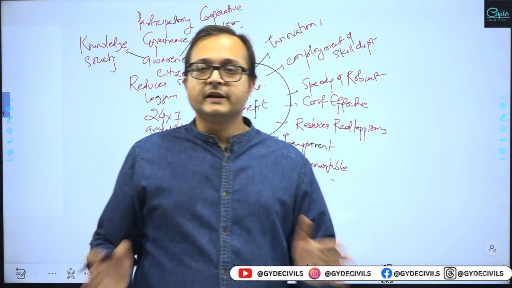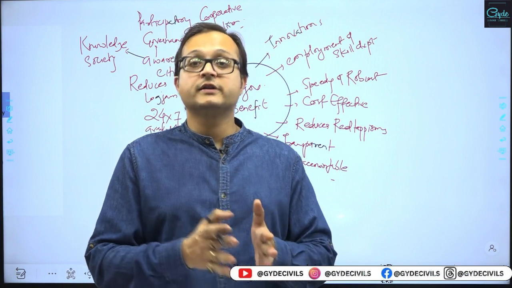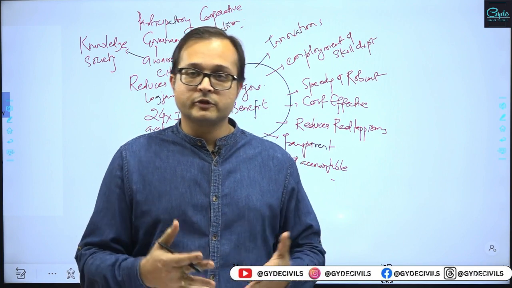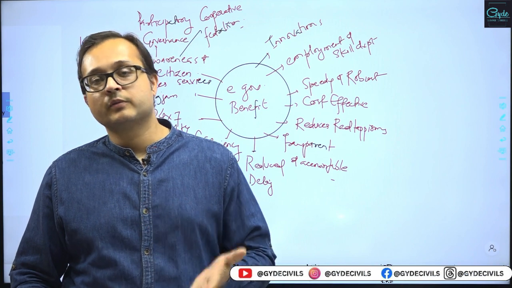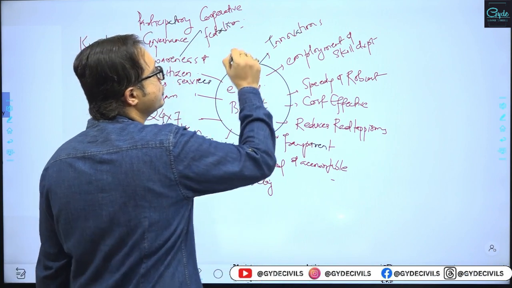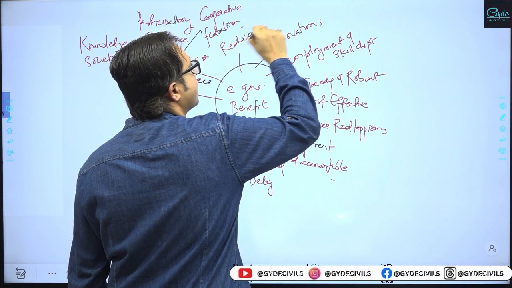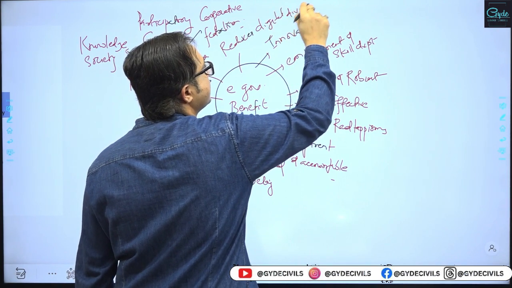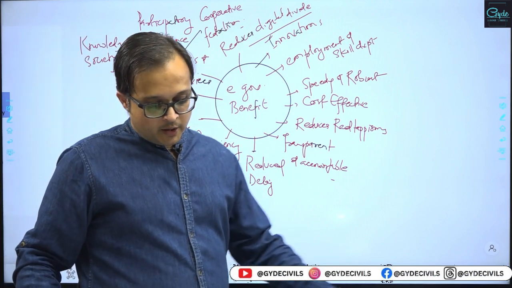And ultimately, the divide between the governments and the citizens, because of communication lag or the technology gap, is reduced. Because one part of e-governance is also computerization, networking and providing technical education, it also reduces the digital divide between different sectors of society.